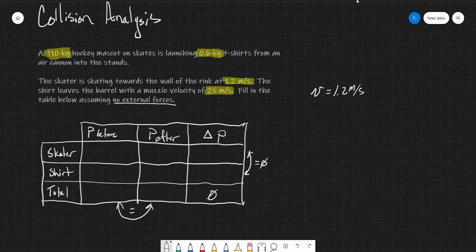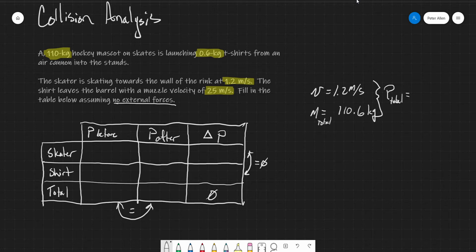They have a combined, or total, mass equal to 110 kilograms plus the 0.6 kilograms for the t-shirt, right? And so our total momentum is going to equal our 110.6 kilograms times our 1.2 meters per second.